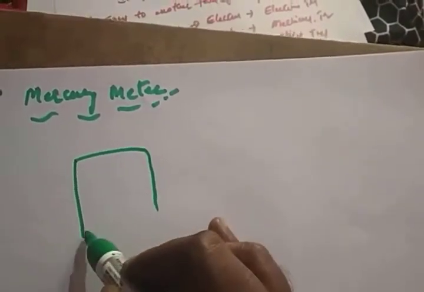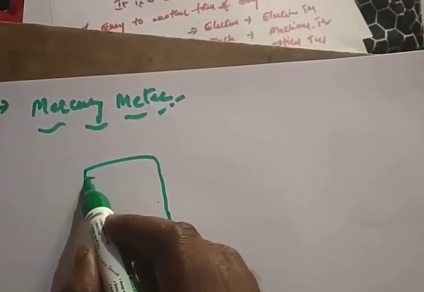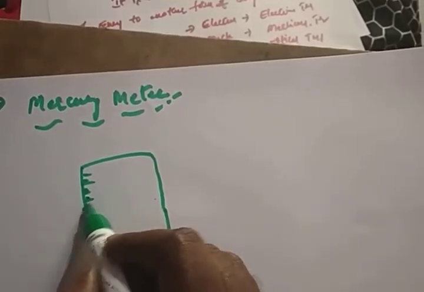For this we require a mercury meter. How does it work? We'll see. The mercury meter has a glass fitting, and it has some readings. These are the temperature readings, right? And one more column is present in this.